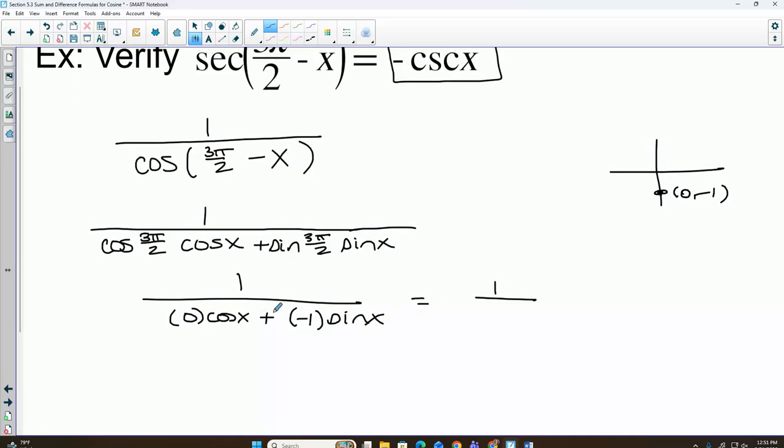So we have 0 minus sine x, so 1 over negative sine x, and so we have the opposite of, what's the reciprocal of sine? Any questions?